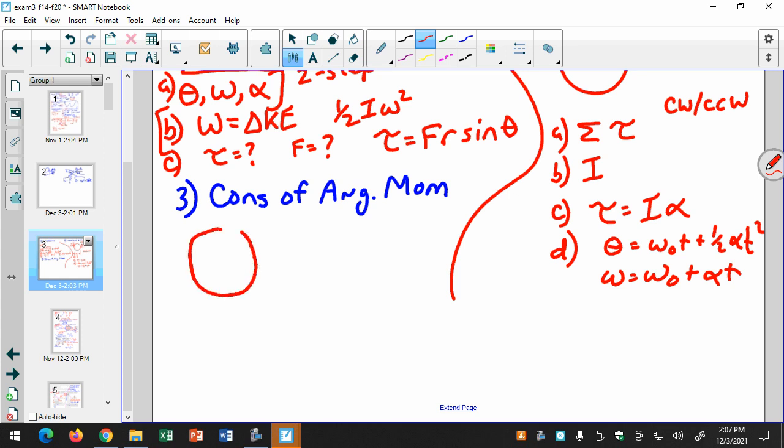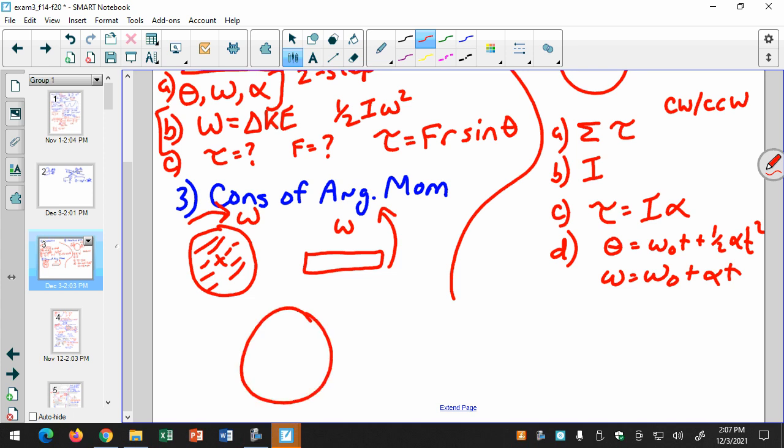Let's say that it was a disk rotating about this axis. So I draw those little lines to say that it's filled in, it's not a hoop. We'll come back to that. And let's say that it's rotating at some angular velocity, and then I have a bar also that's rotating with some angular velocity, and then I bring the 2 together so that I have the disk and the bar rotating at the same rate.